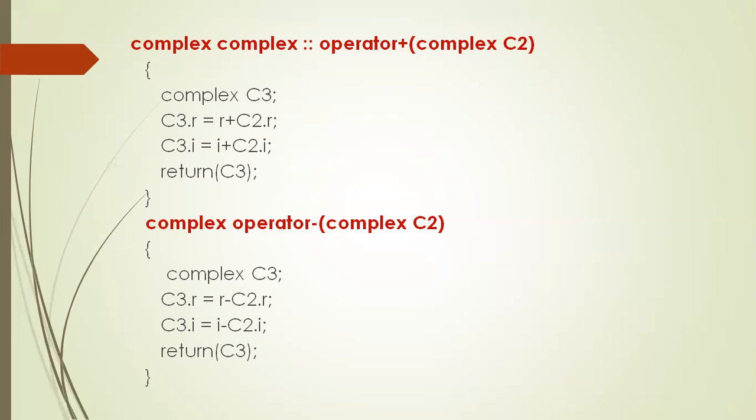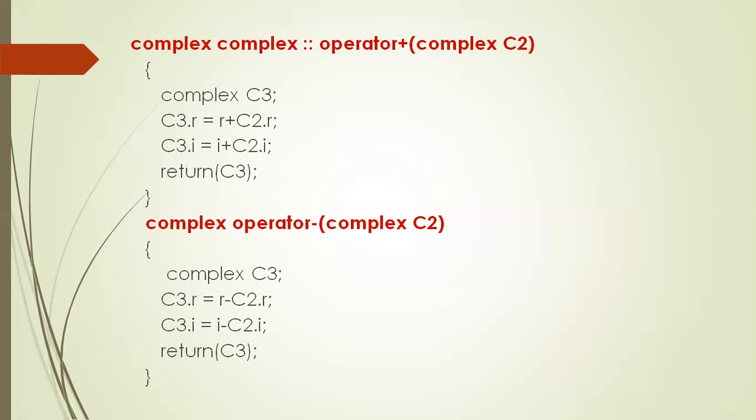Same thing, you do for the second operator function. Return type is complex. Here also I made a mistake, here also you have to add the word complex, scope resolution operator, then operator minus. So one more complex and the scope resolution operator is missing here. You just add it. So first keyword is complex. Second keyword you should add is complex because you have to indicate the class name also, complex scope resolution operator, then operator.